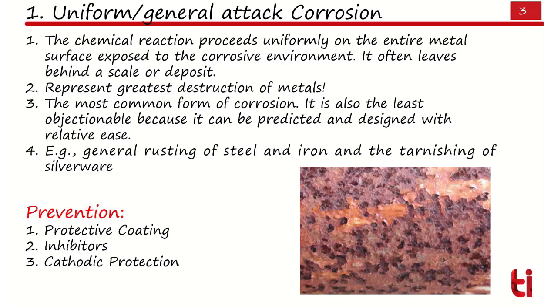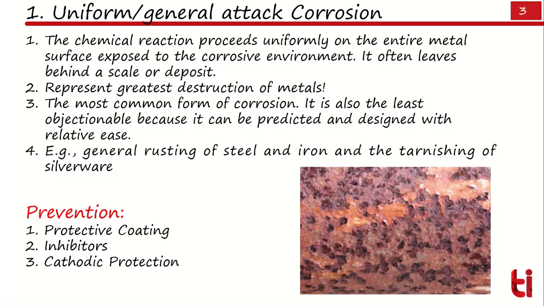This kind of corrosion represents the greatest destruction of metals. Most of the metal undergoes uniform corrosion. It is also the most common form of corrosion. It is also the least objectionable because it can be predicted and designed with relative ease.